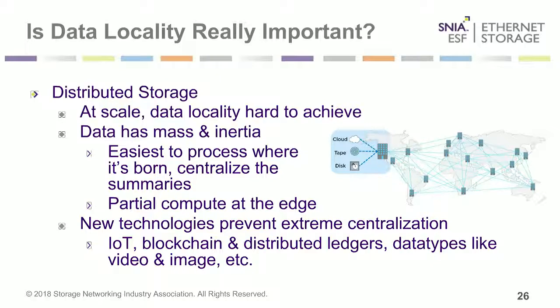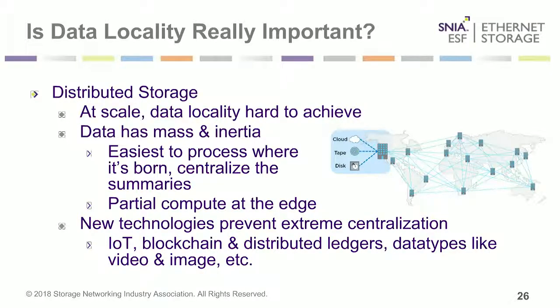There are types of distributed systems you can build in a single location, but in general, distributed storage is all about distributing the storage, and we're trying to generate data at the edge. We're trying to store it, manage it at the edge, more than we're trying to move it to the center. Centralization of data is quite hard because data's got mass and inertia.